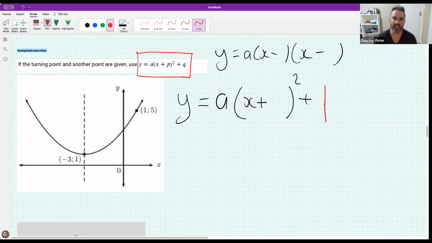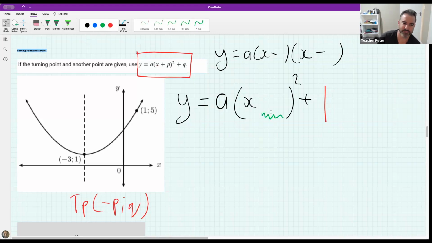This is going to be a plus 1, because you remember at the beginning of the lesson, the turning point is just minus PQ if you're using the alternate form or the turning point form. So that will be 1. Now, what's more difficult to know is what goes over here next to the x. What goes over here next to the x?